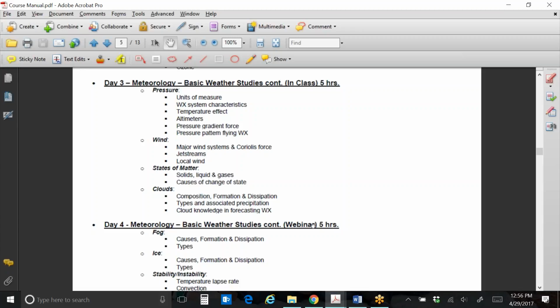Didn't quite get to the clouds stuff, but if you have time to get in there and read both the states of matter and the cloud sections, great.